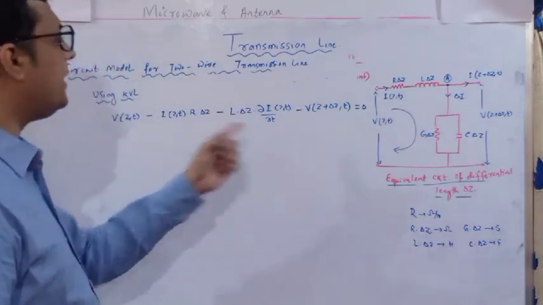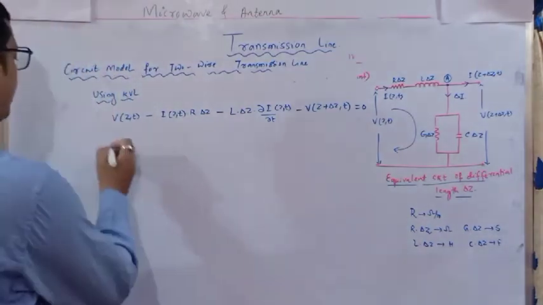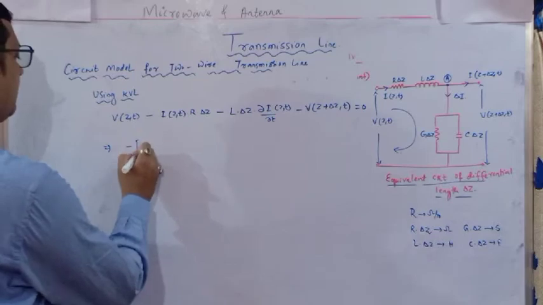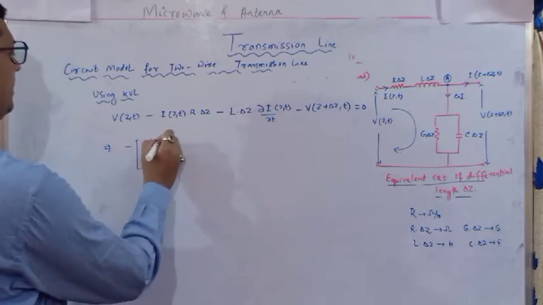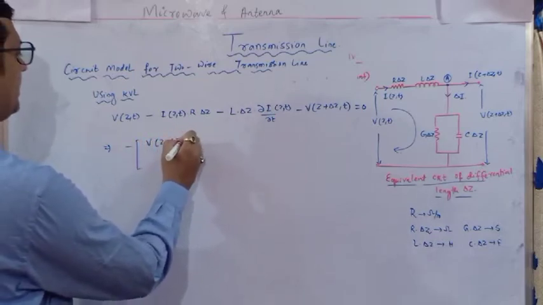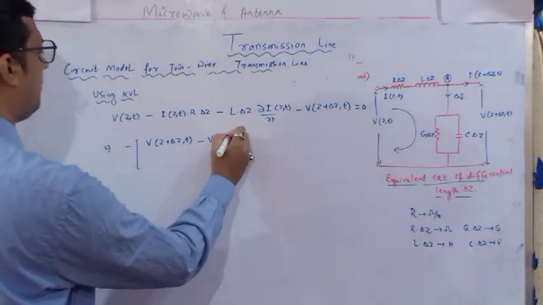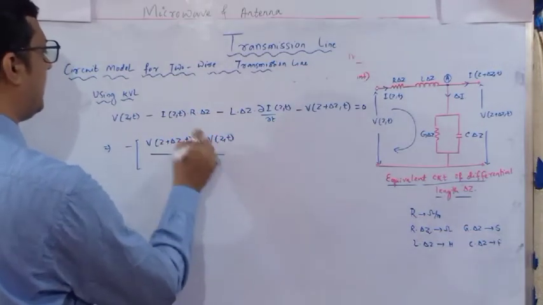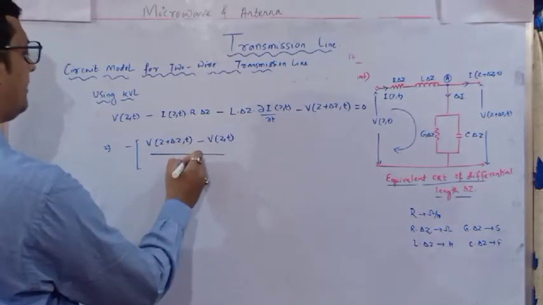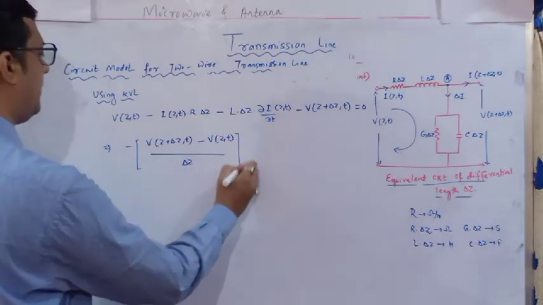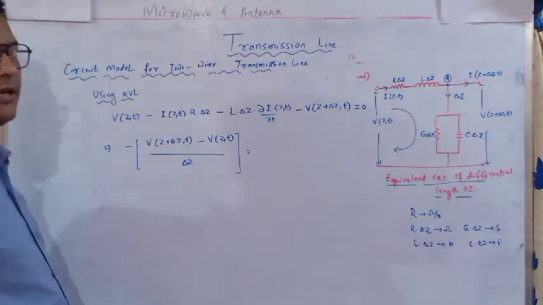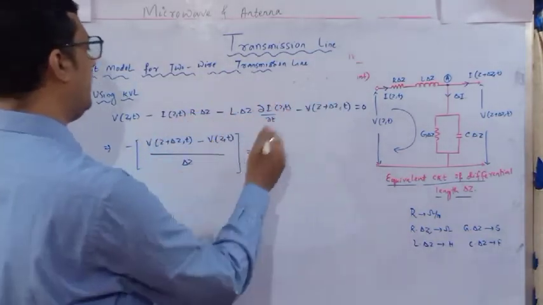Now I will rearrange this equation. How will I rearrange? Let's see. Take the minus sign outside. V of Z plus del Z comma T minus V of Z comma T, and from this take del Z common and divide on the left hand side, and take the rest of the part to the right hand side.